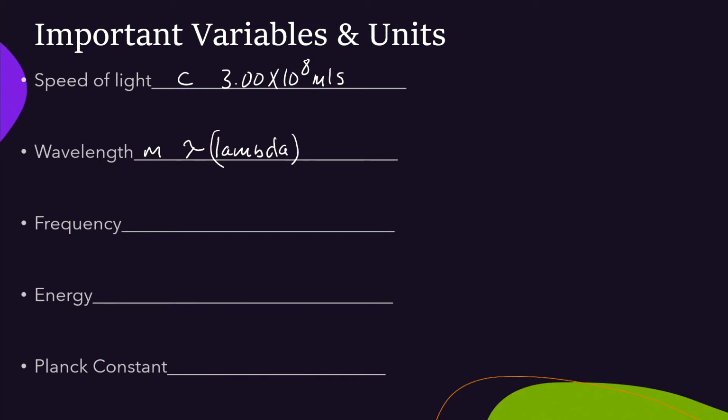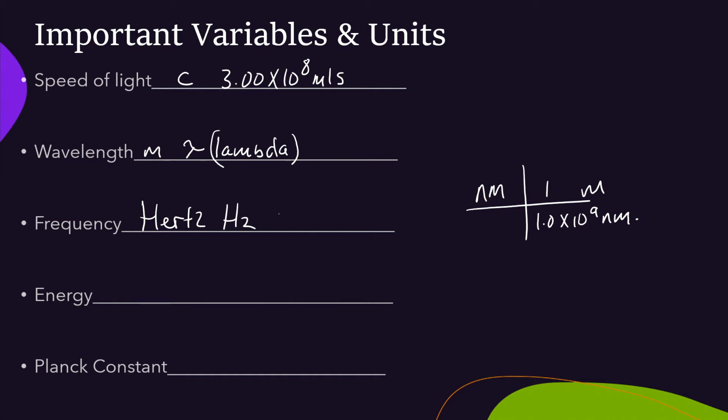And with wavelength we have to remember that if we have nanometers and we want to convert it into meters, we know that 1 meter is equal to 1.0 times 10 to the 9th nanometers. In terms of frequency, that will be measured in hertz, which is the symbol Hz, or it can be cycles per second.